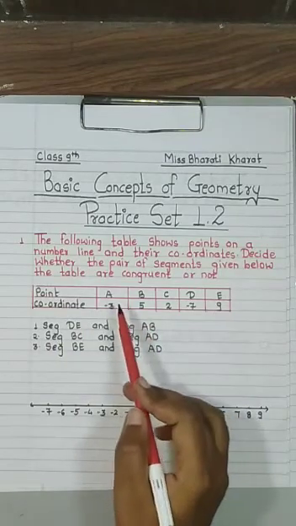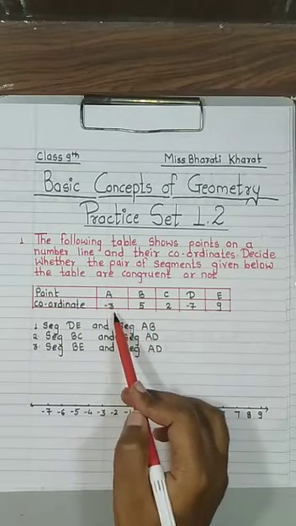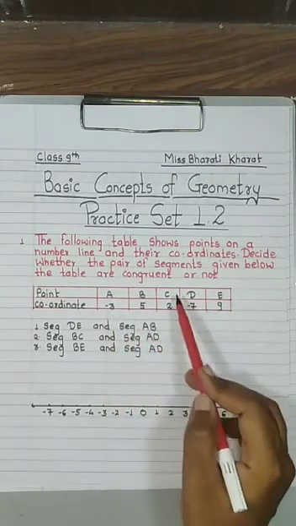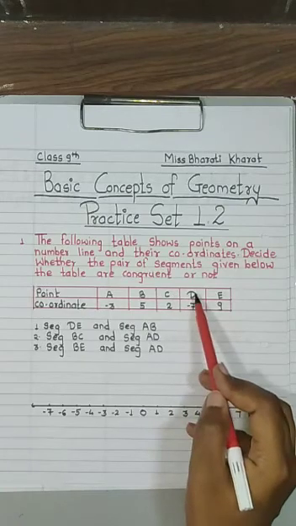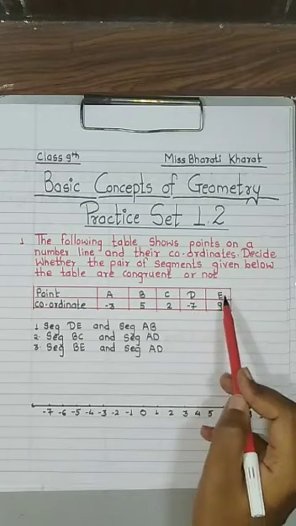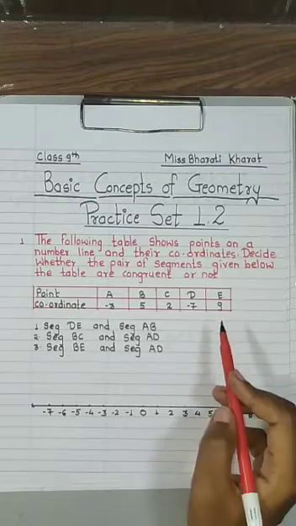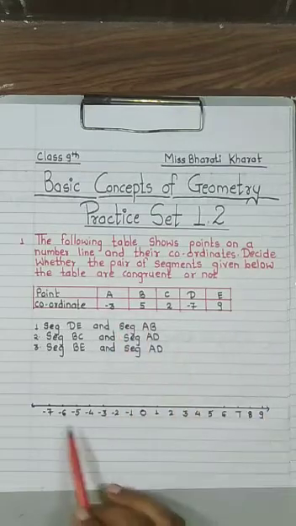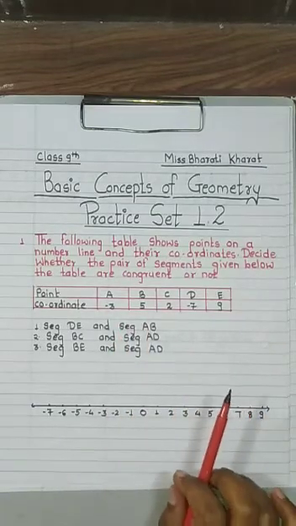Now you can see here, coordinate of point A is -3, coordinate of B is 5, coordinate of C is 2, coordinate of D is -7 and coordinate of E is 9. Now let us write down these coordinates on the number line.